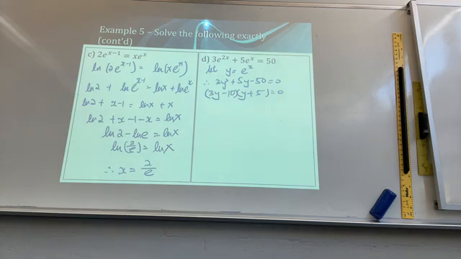Now, can the answer be negative 5? No. So you have to state that you need to reject y equals negative 5, because e to the power of x cannot be negative 5.